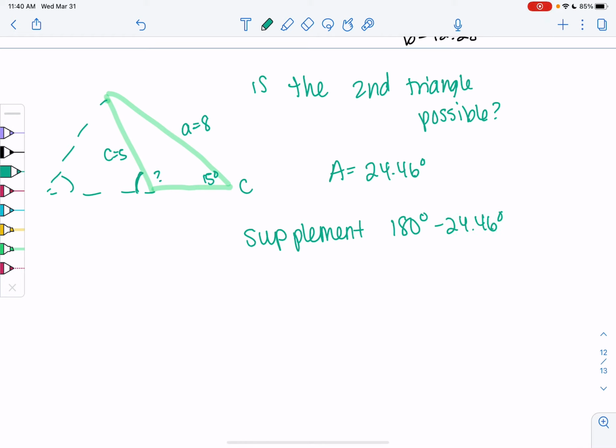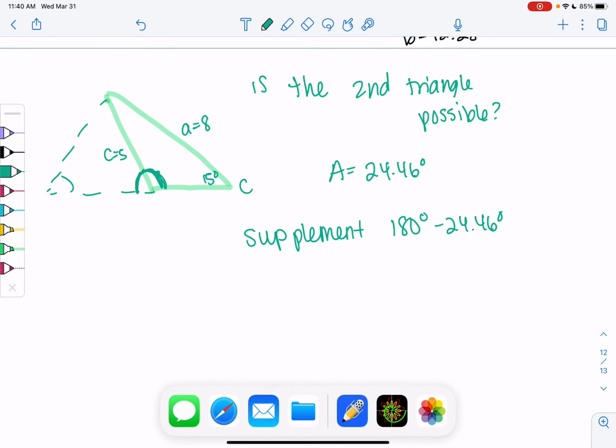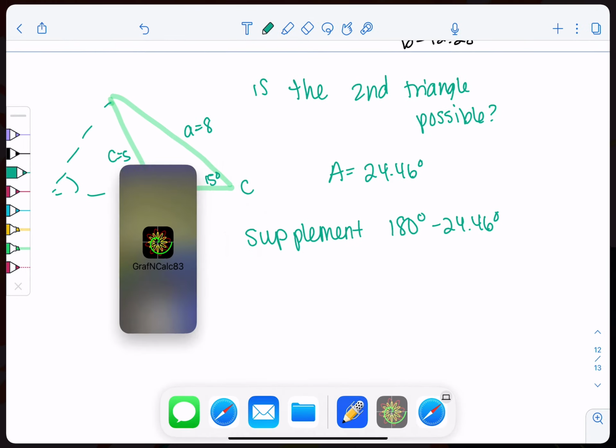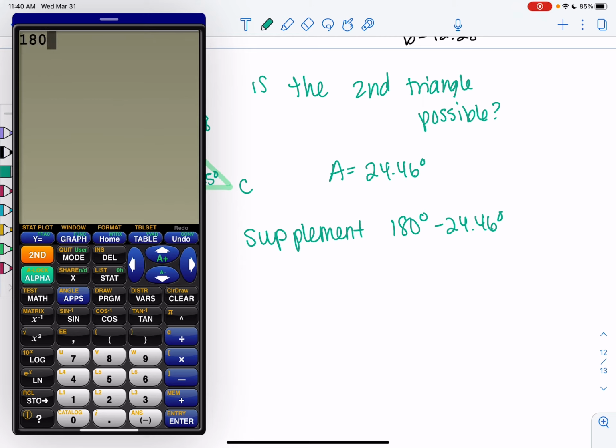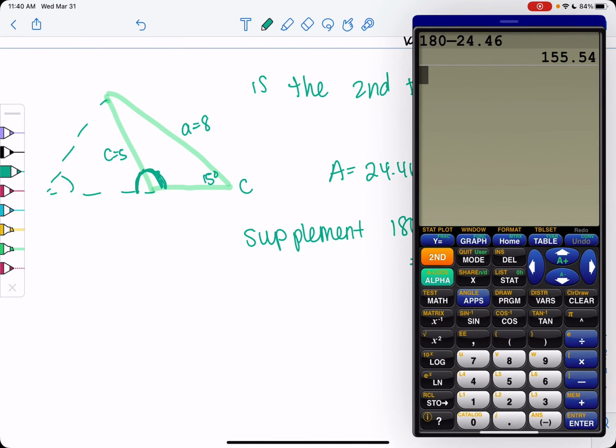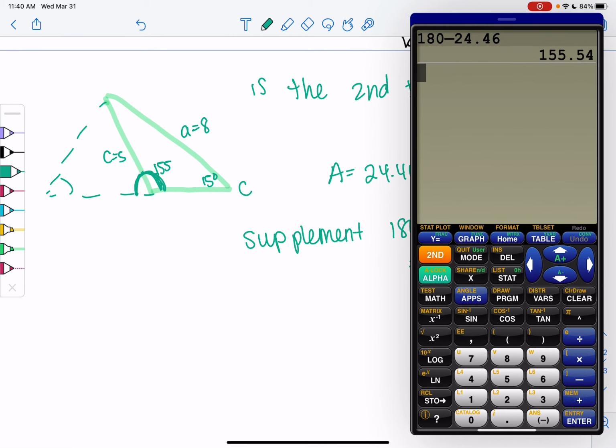Right, because these would both be the same angle, so this would be a supplement. And that's how we're checking if it's possible. So 180 minus 24.46. So if the supplement is possible, it would be 155.54 degrees. And then we have to check, will that make a triangle? So can we have 155.54 degrees with a 15-degree angle?